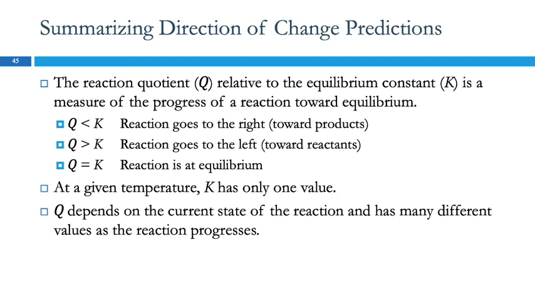If the reaction quotient is smaller than K, the reaction is going to go towards the products to increase the reaction quotient until it equals K. And if Q is larger than K, the reaction will go in the reverse direction so that Q gets closer and closer to K.